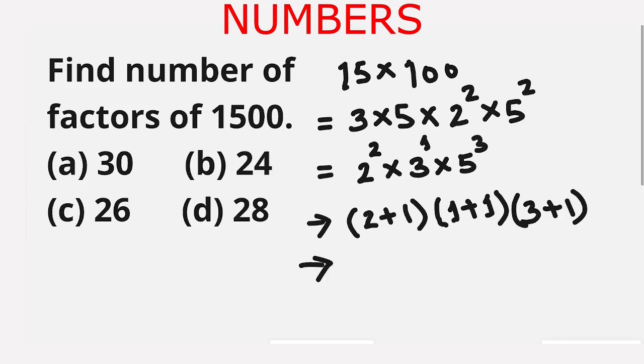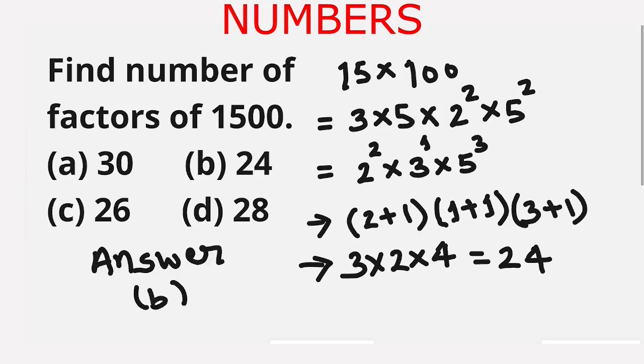This gives us 2 plus 1 is 3, 1 plus 1 is 2 and 3 plus 1 is 4. So it is 3 multiplied by 2 multiplied by 4, and 3 times 2 is 6 and 6 times 4 is 24. So there are total 24 factors of 1500, and from the given options our answer is option B 24.